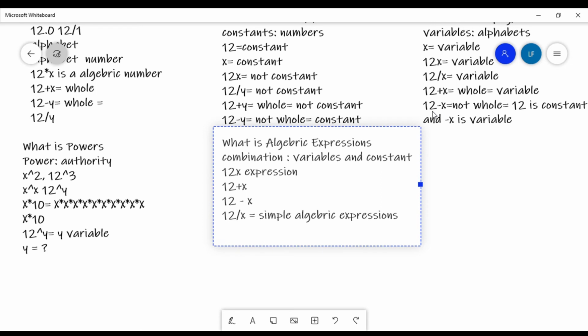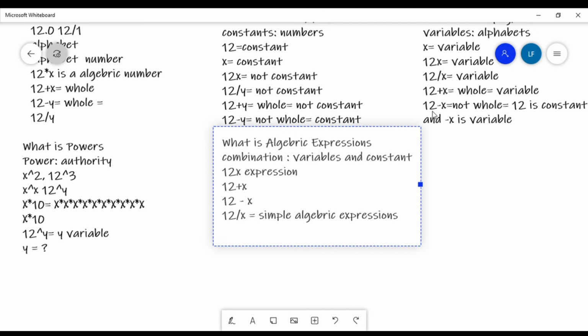Now, if there are simple algebraic expressions, there must be compound algebraic expressions, right? Well, there is. And these compound algebraic expressions are a little bit more complicated. They consist of almost all the operators, and they also follow the rules of BODMAS.